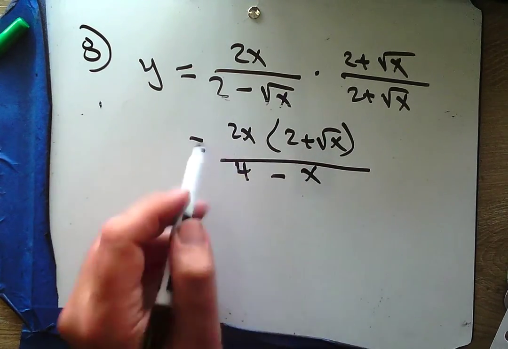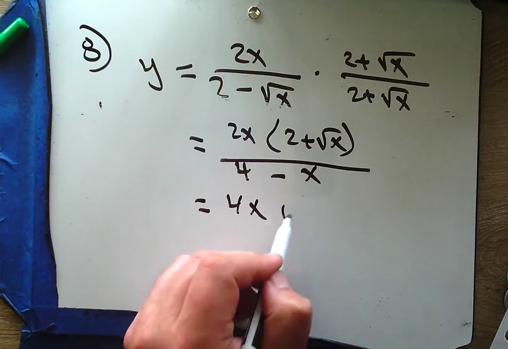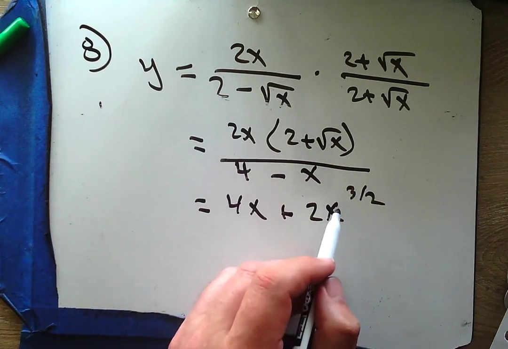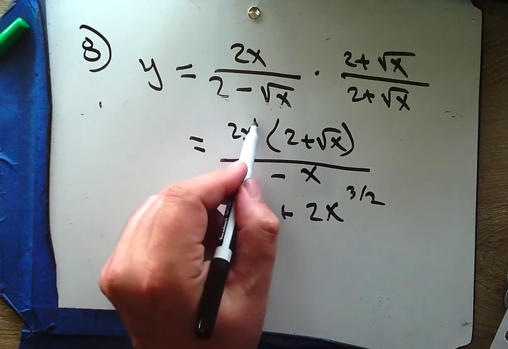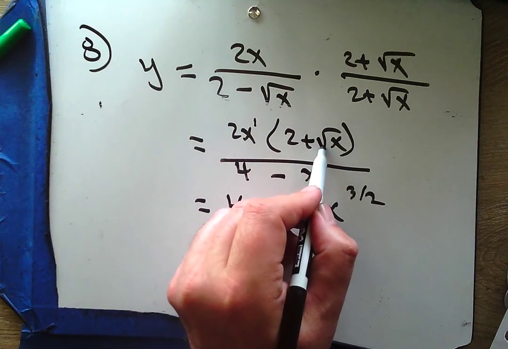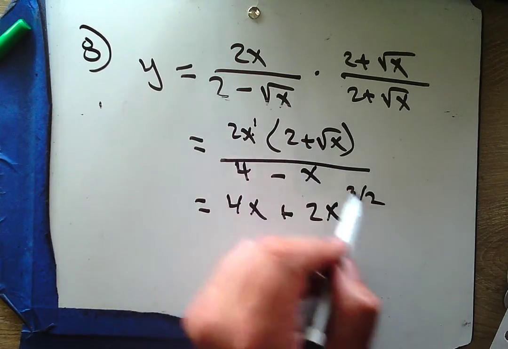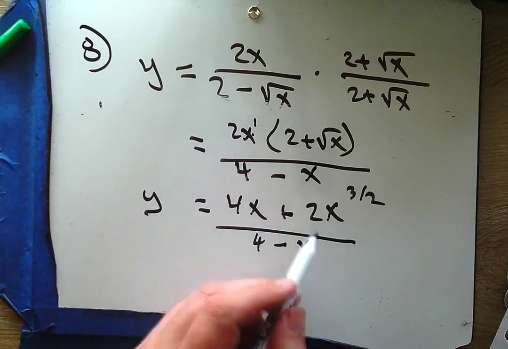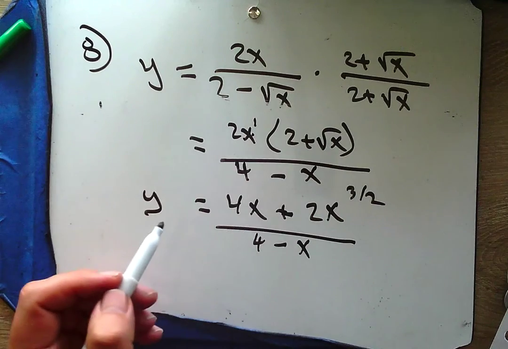And I can distribute here: 4x plus 2x to the 3 halves. How did I get x to the 3 halves? This is x to the first times x to the 1/2. When I'm multiplying and the bases are the same, I add the exponents. Over 4 minus x. Well, this is still y. I haven't taken a derivative yet.